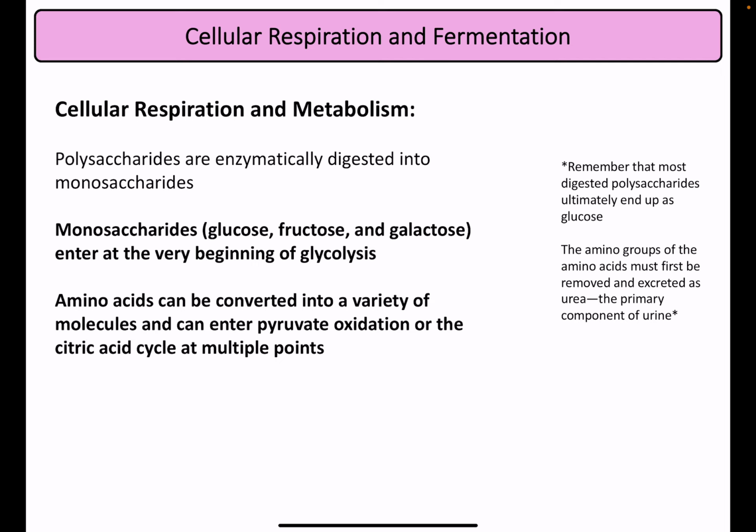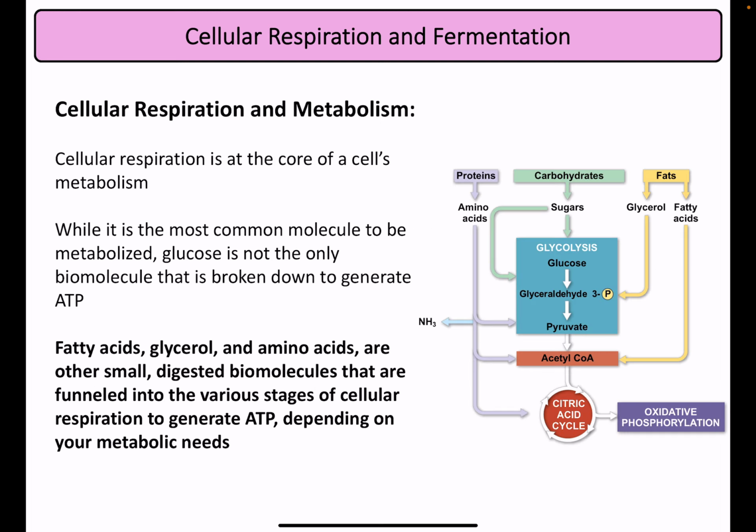Next slide, focusing on carbohydrates. Remember that in order to metabolize a carbohydrate, you first have to digest that polysaccharide into its constituent monosaccharides. And all those monosaccharides are converted into glucose, which starts at the very first step of cellular respiration, which you should be familiar with because we just covered it in the previous 2 videos.